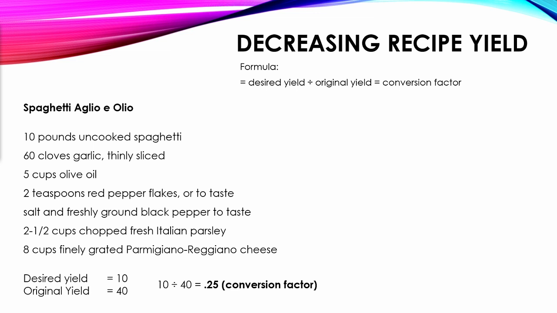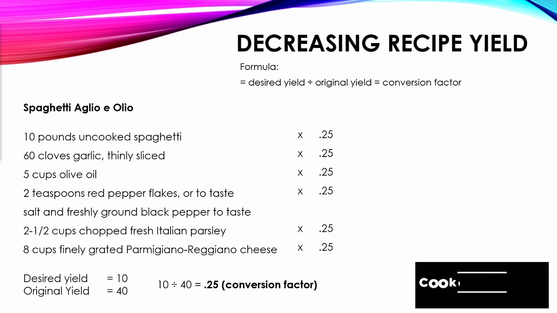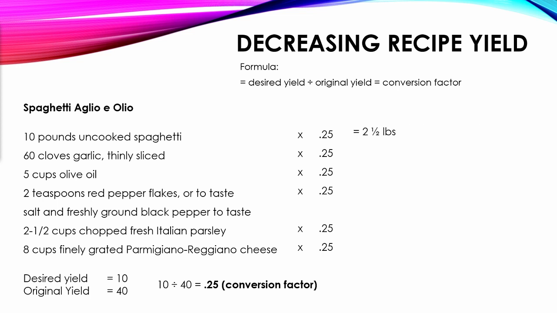Just like what we did in our previous ingredients, we will multiply our ingredients to the conversion factor, which is 0.25. So 10 pounds of uncooked spaghetti multiplied by 0.25 equals 2.5 pounds. 60 cloves of garlic multiplied by 0.25 is equal to 15 cloves. 5 cups of olive oil multiplied by 0.25 is now equivalent to 1 1/4 cup.